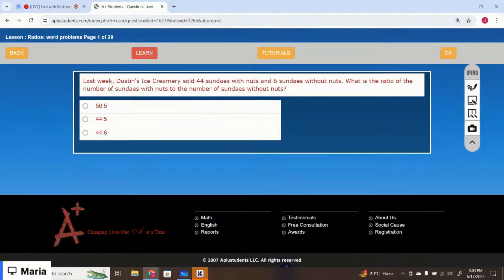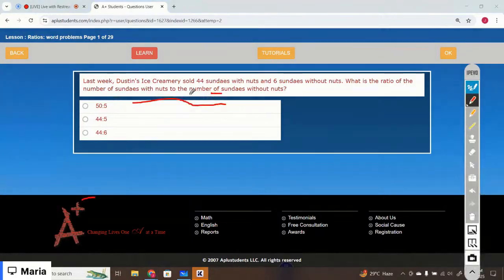Last week, Tina's ice cream shop sold 4 sundaes with nuts and 6 sundaes without nuts. What is the ratio of the number of sundaes with nuts to the number of sundaes without nuts? 4 sundaes with nuts, so that is 4 ratio 6.